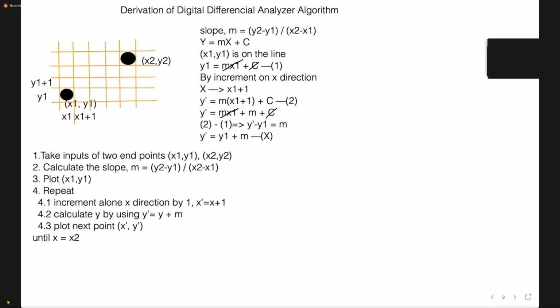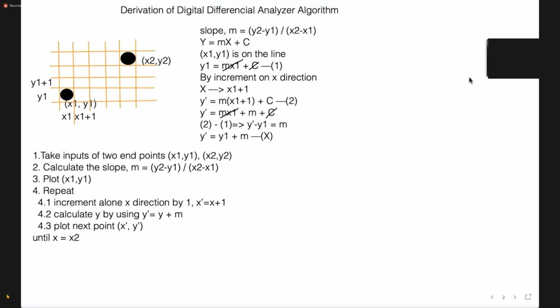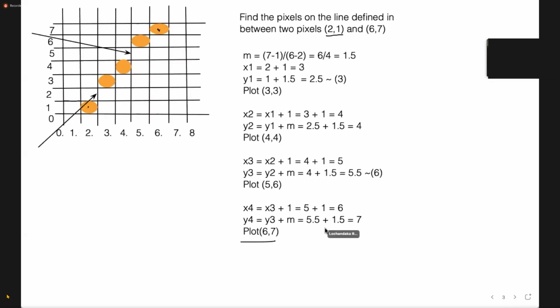Now the problem is m. Am I correct or not? Is that clear or not? Clear, sir. Then we have to deal with this particular m. Let's see how we can overcome this problem in some other way. I will remove these things again.